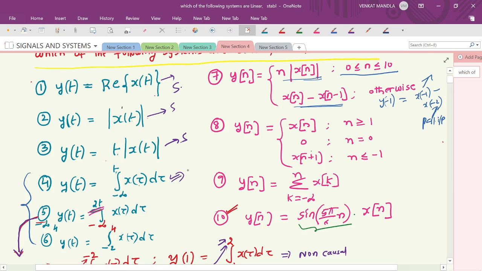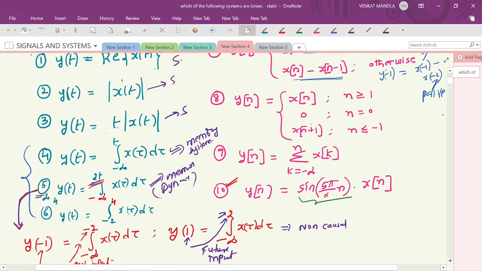Okay. This y(t) equal to fifth one, y(t) equal to integral from minus infinity to 2t of x(2). Again integration is there, so memory or dynamic. Here also dynamic. If integration is there, the system is memory.